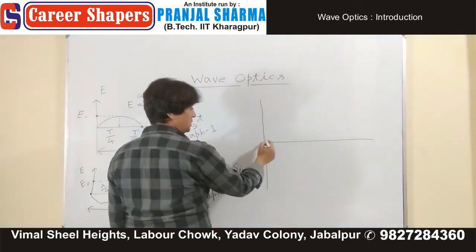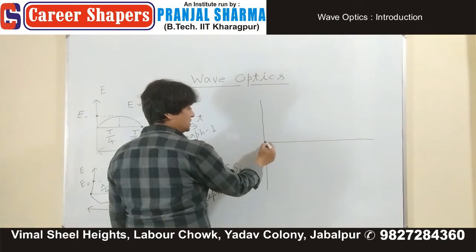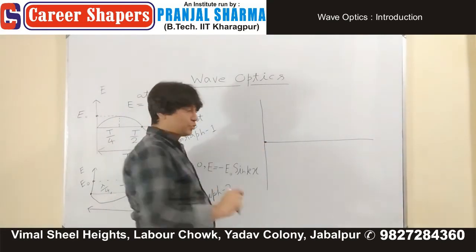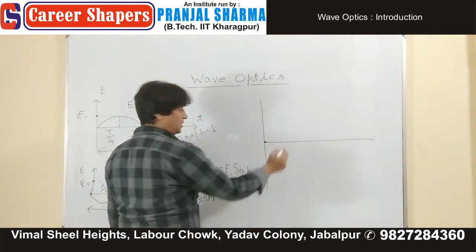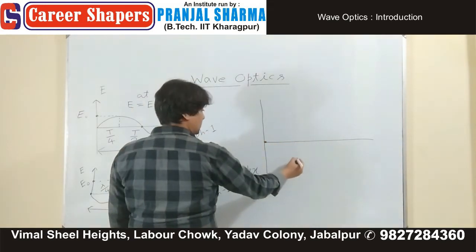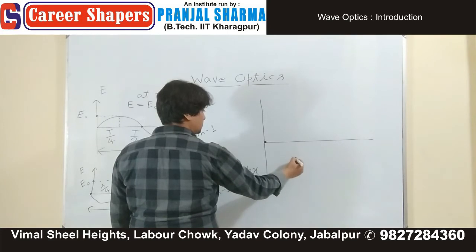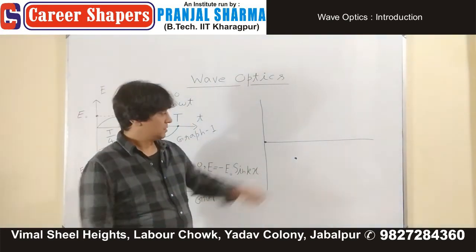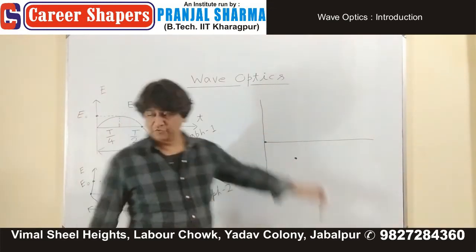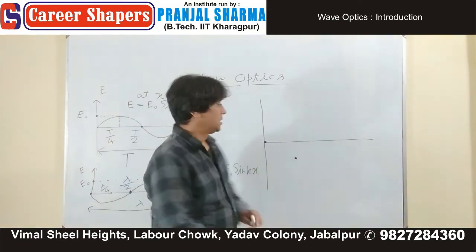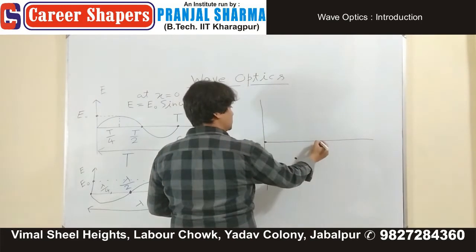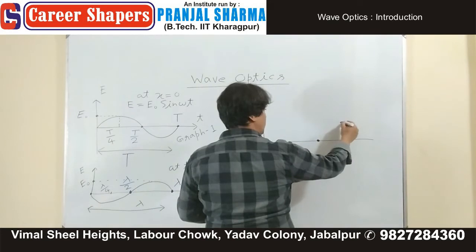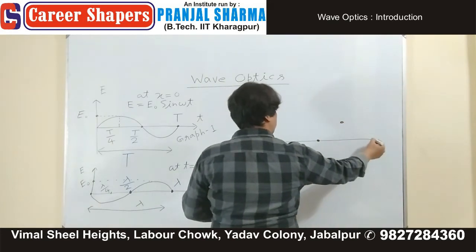Look, electric field is 0. The dot will show the value of electric field. Electric field is up to this point. This is electric field. Electric field is 0. Electric field is up to this point. Electric field is 0.